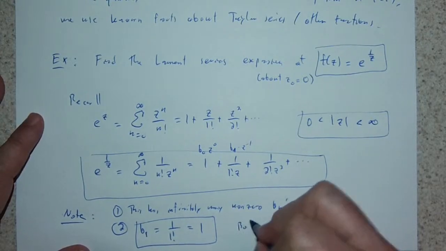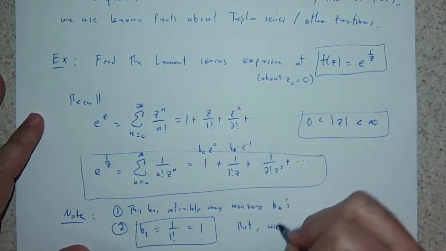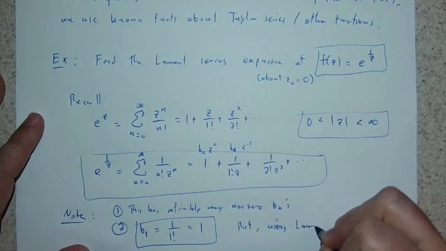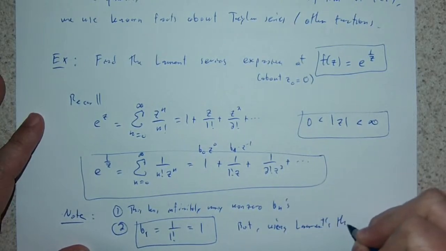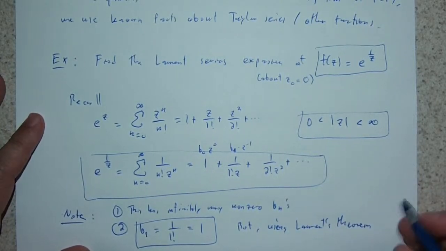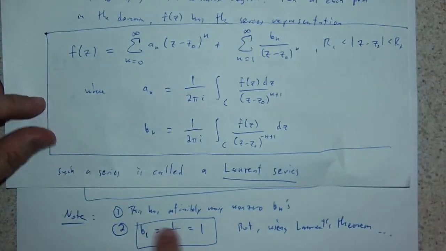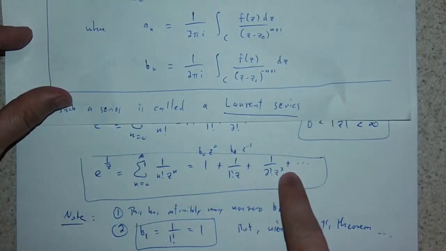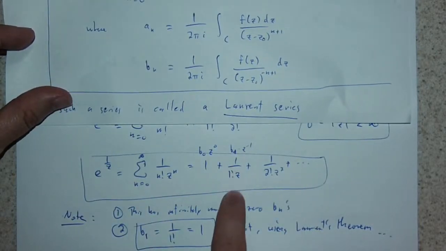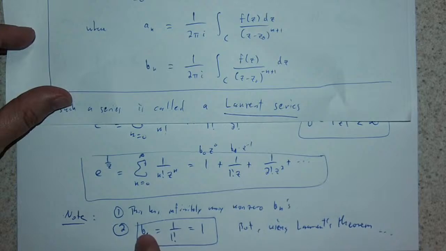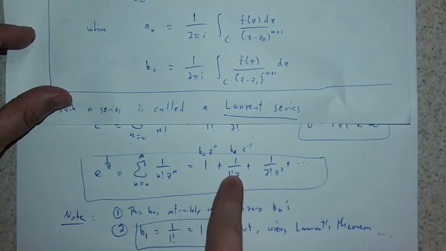But using Laurent's theorem, let's go back. So I've shown just by literally writing out this series and saying, look, there's the b sub 1 term, and b sub 1 here is just 1. There it is. I can just see that it's 1 here.